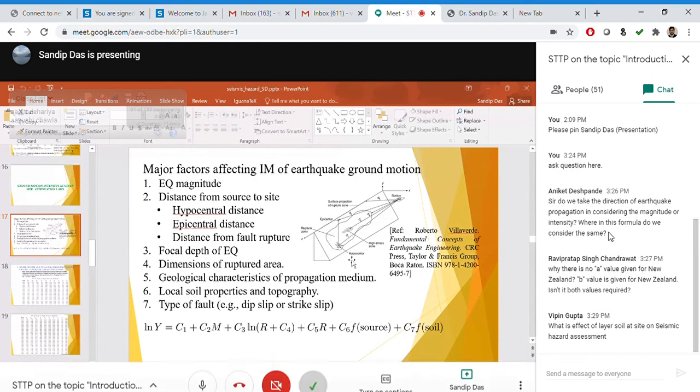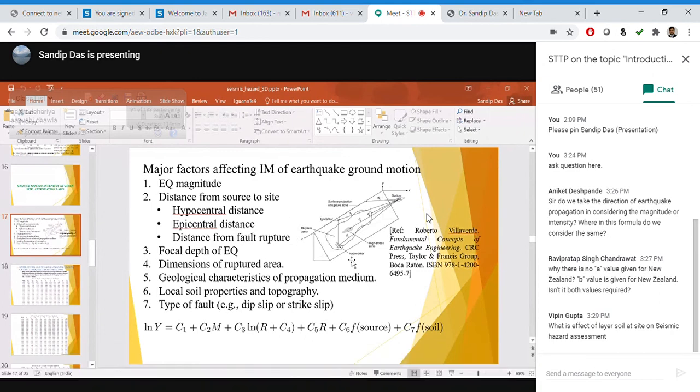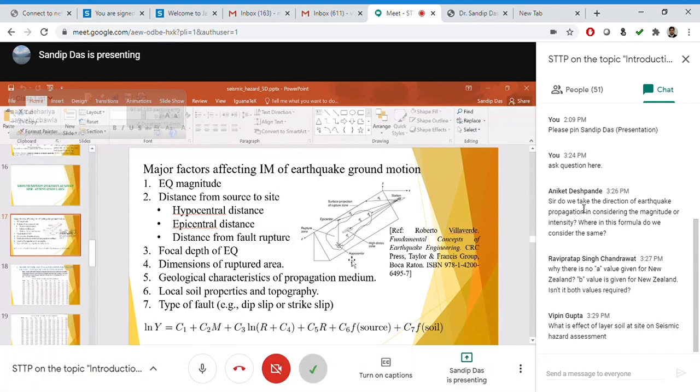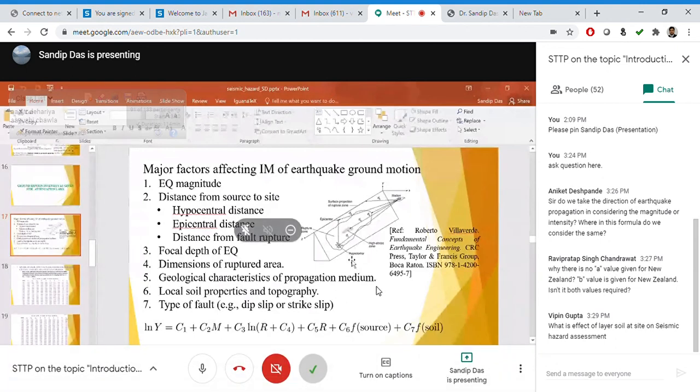But getting your a and b values within a region of 300 kilometers, if there is no event, is very difficult, because a stable estimate needs completeness and also a good number of events. Otherwise, it is very difficult to fit any straight line or any line for that matter, right? Some stability, some minimum number is needed. Otherwise, your estimate will be very different.